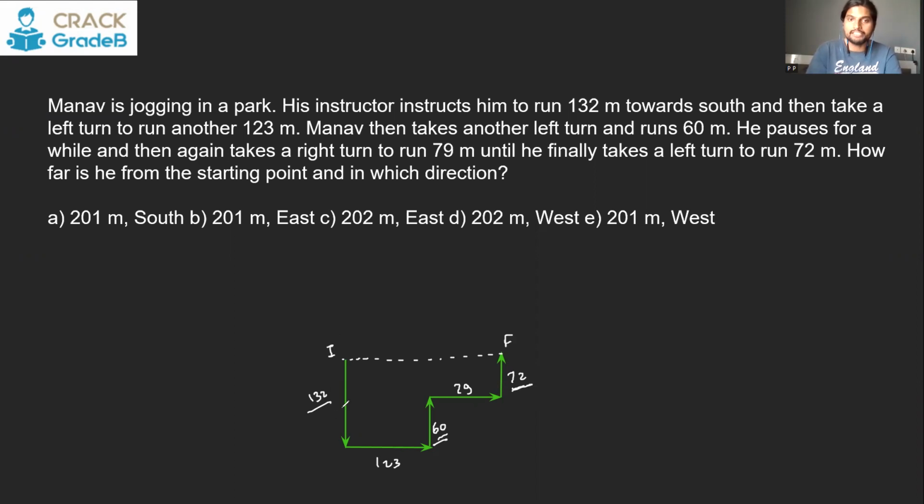They are asking how far he is from the starting point and in which direction. From the starting point, he is in this direction, meaning east direction. And the distance is the horizontal distance 123 plus 79, which is 202. So 202 in the east direction. Option number C will be the answer. Let's see one more.